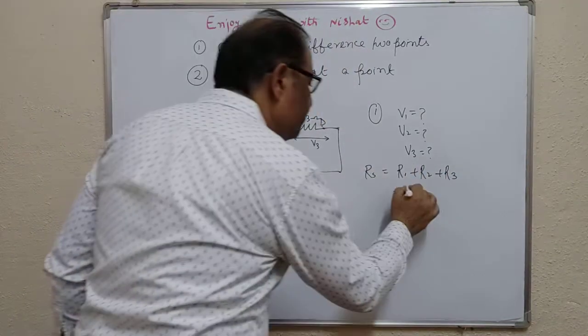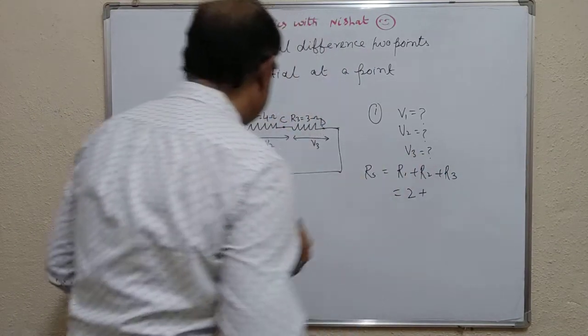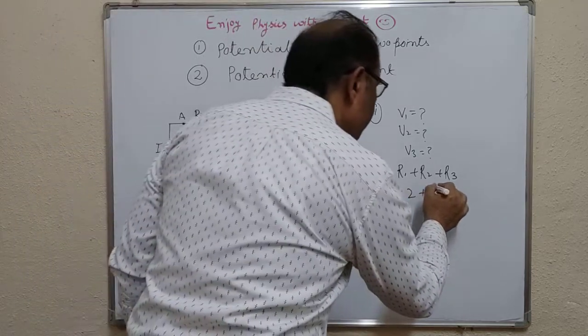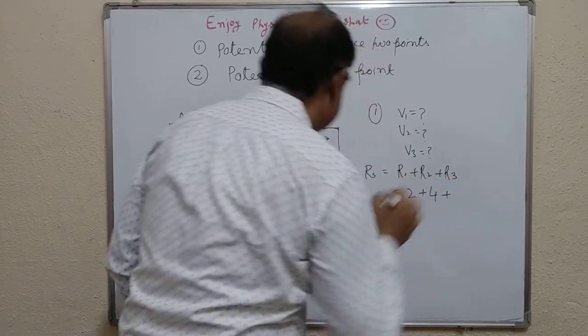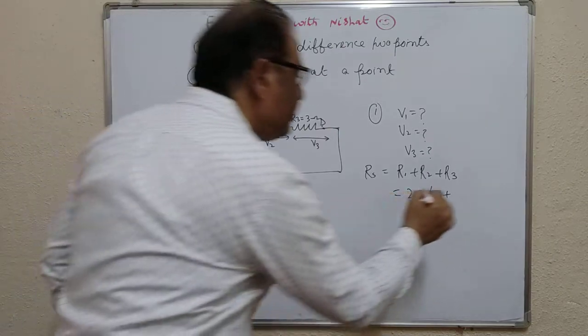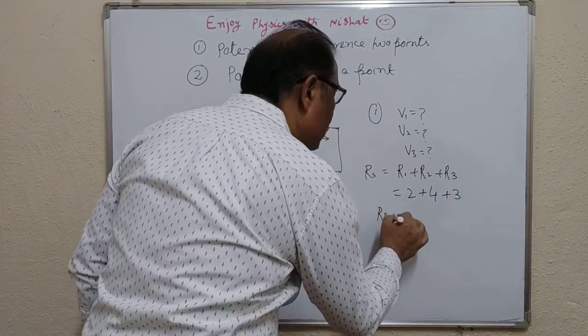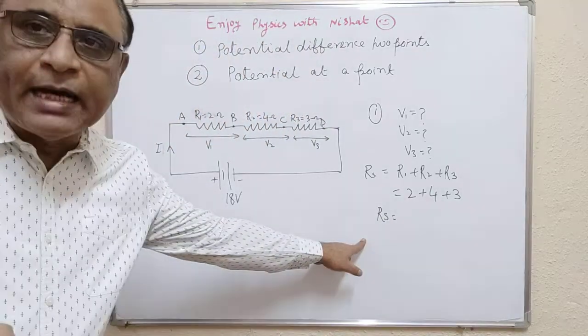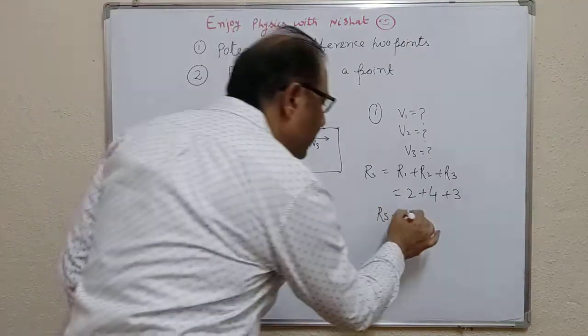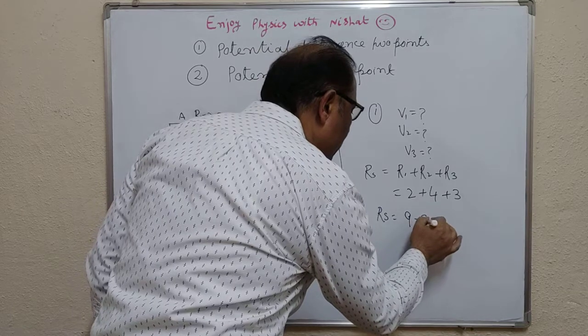R1 2 ohm, R2 4 ohm, plus R3 3 ohm. So RS, total resistance in series, equals 9 ohm.